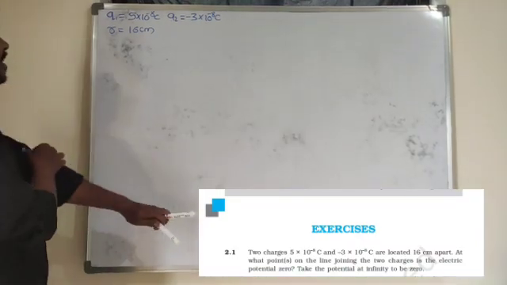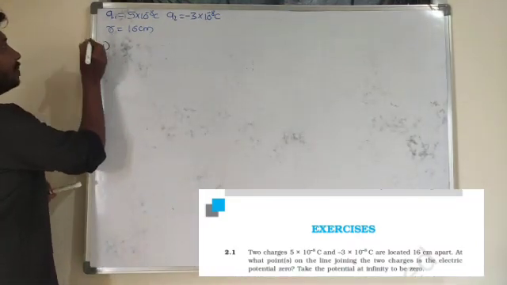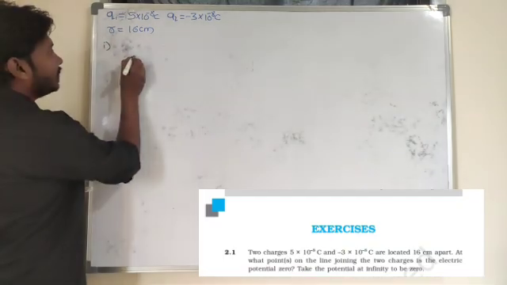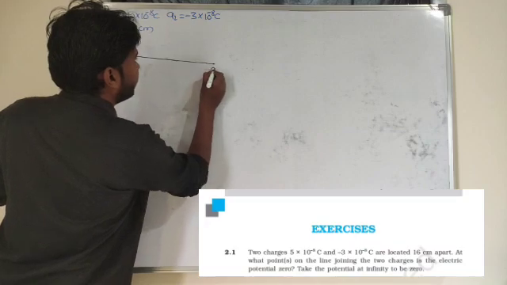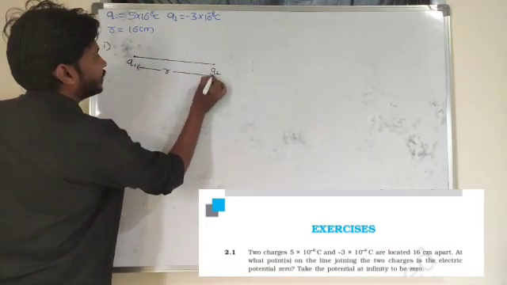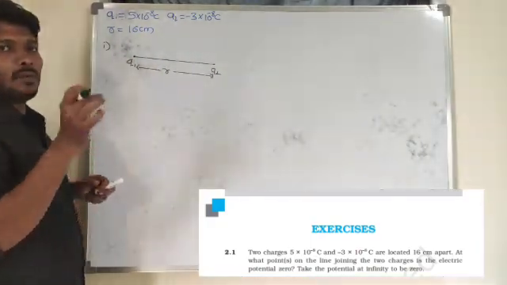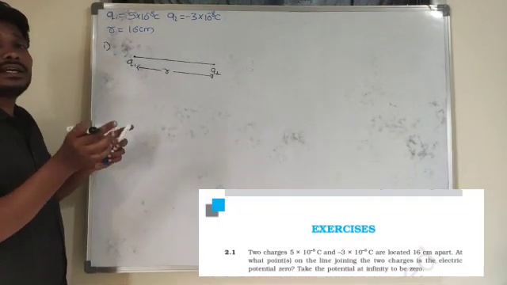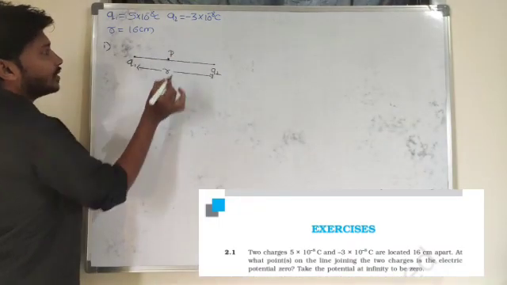Look here. First I will give a diagrammatic approach for this question. Two charges are given, and between these two charges there exists a certain separation. Let the distance be r. Now I will choose one point between the charges. Let P be a point where the potential is 0.